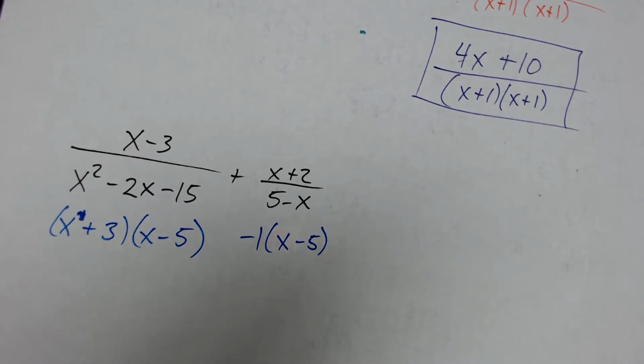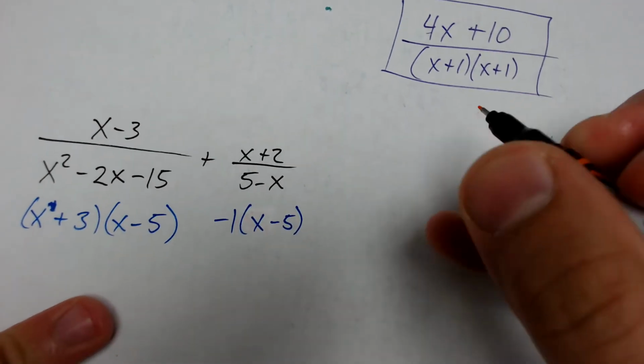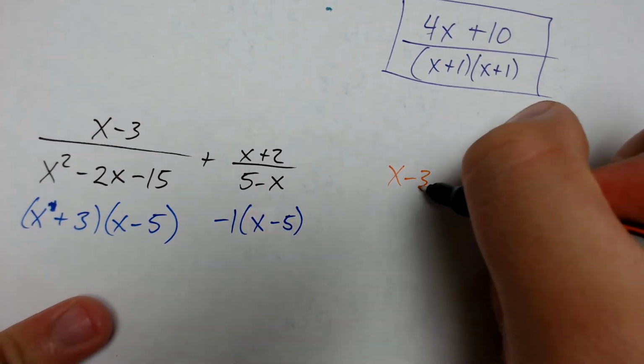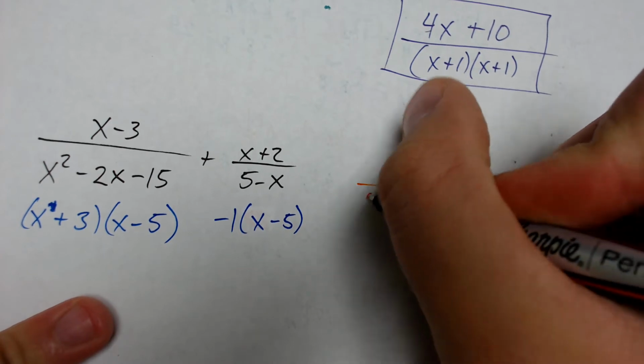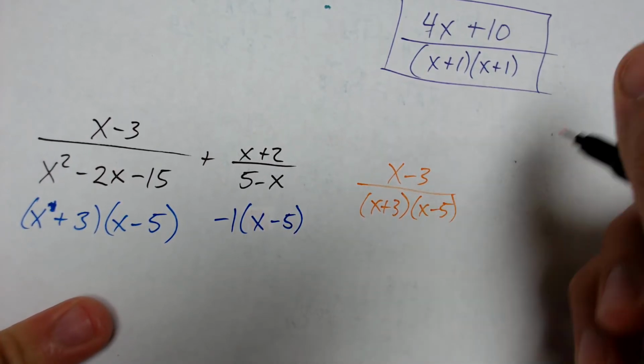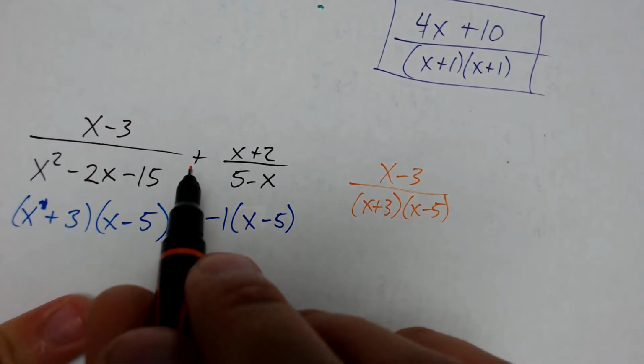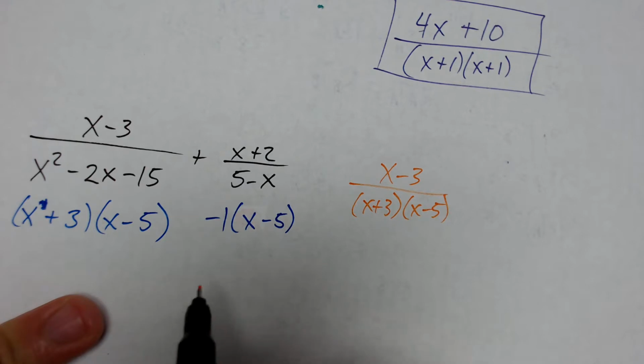So from here, we'll go ahead and rewrite our problem. Our numerator for the first term is going to remain the same. We have x minus 3. The denominator is now x plus 3 times x minus 5 in parentheses. This sign is going to change again, except this time from it going to negative to a positive, it's going to go from a positive to a negative.